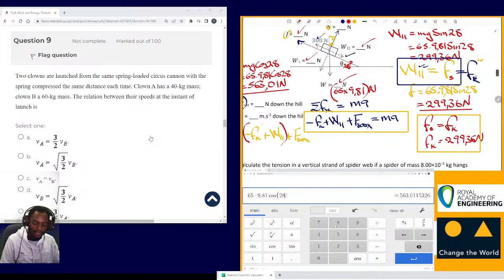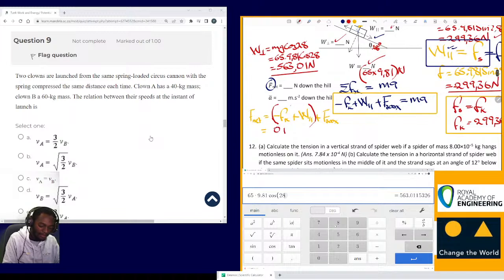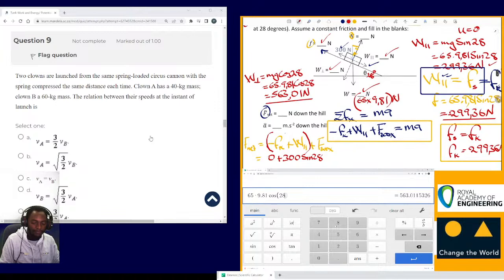We just showed this frictional force, you can put a negative sign, and this one is positive. So this will be a 0 plus 300 sine 28, which is the force that has been applied, and we have resolved it in the x direction, which is in the same direction as the component of the weight down the slope.